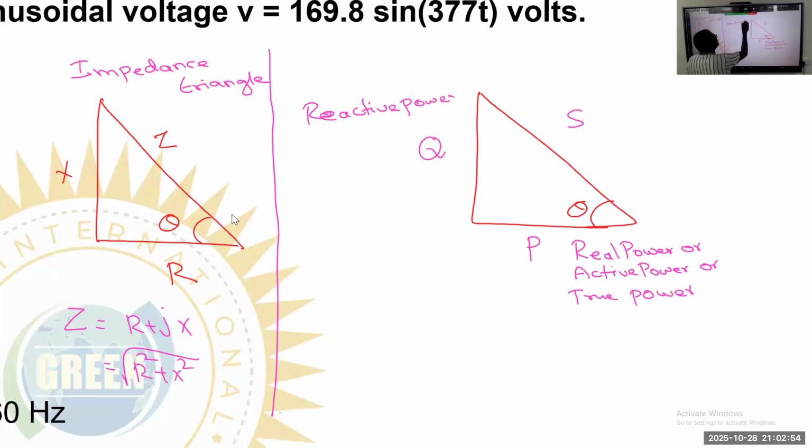Reactive power is power not consumed, power stored in the reactances, either inductive reactance or capacitive reactance. Simply we say reactive power. Power consumed by the impedance we call apparent power.